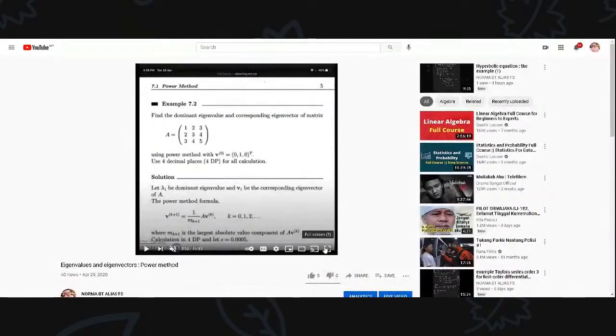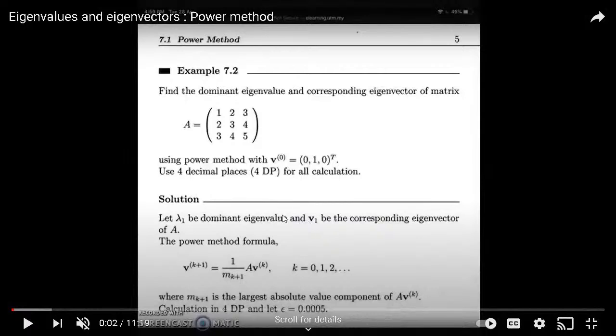My question here: how to find the maximum or dominant eigenvalue using the power method? What is the power method? It's an iterative method to find the maximum lambda.